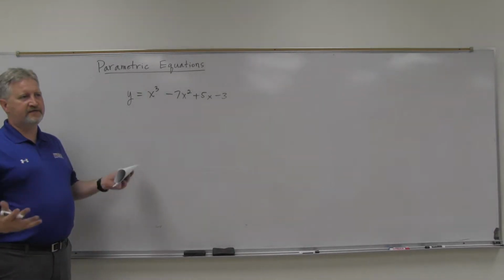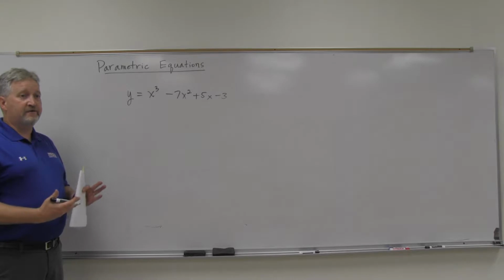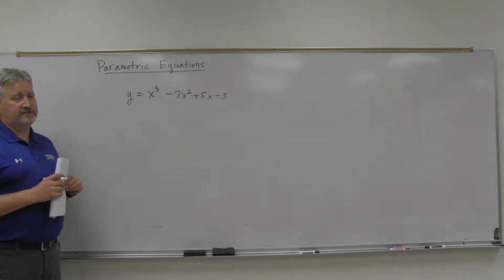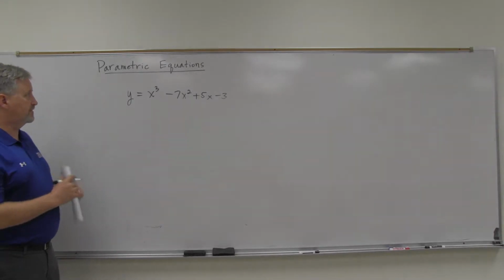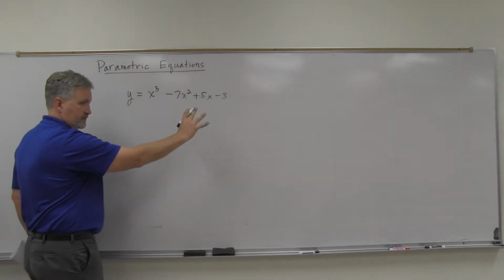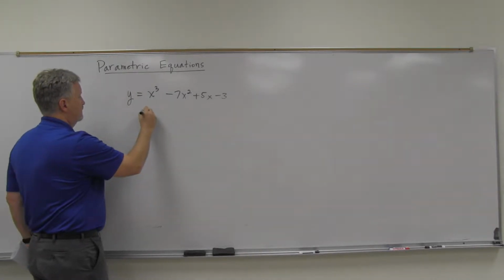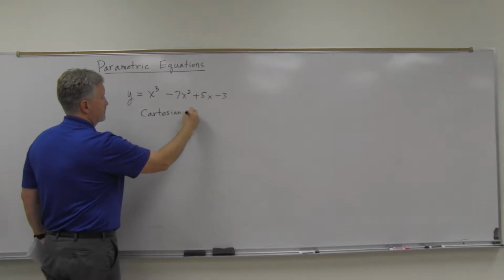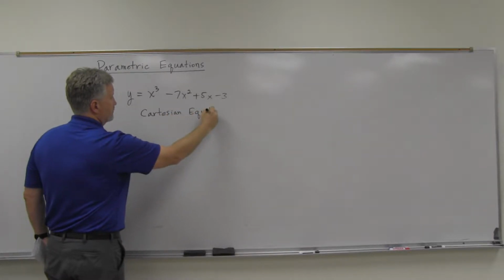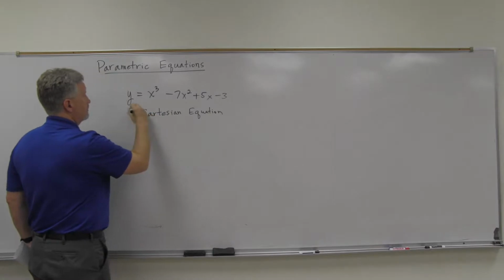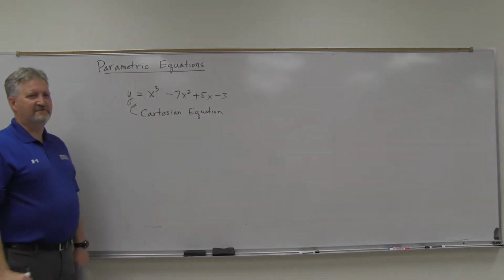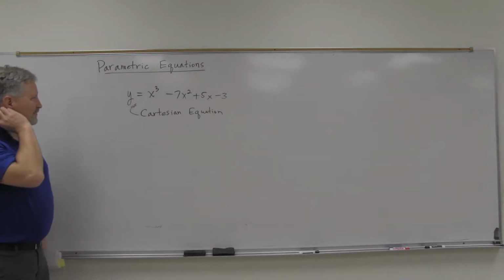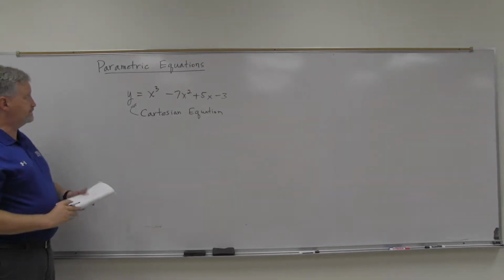But since we're going to deal with these other types of equations, parametric equations, we're going to call the types we have been dealing with Cartesian equations, instead of just a function of x equation.